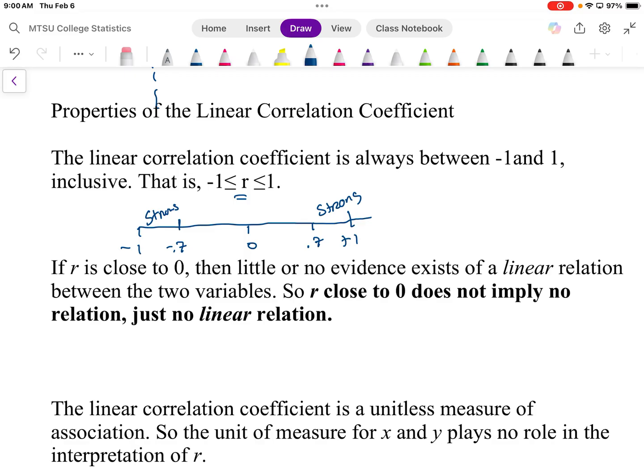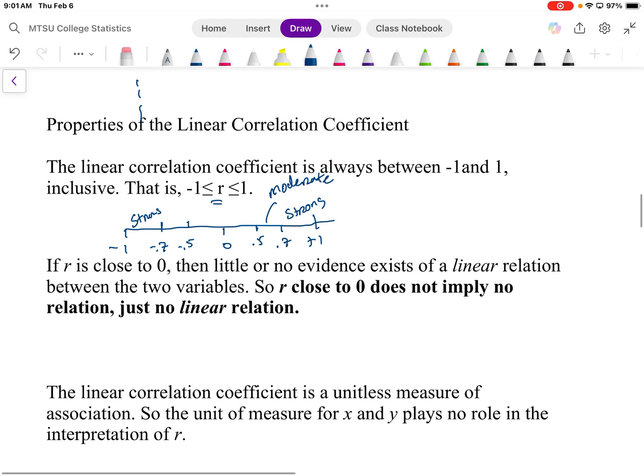And then the next barrier is right around 0.5. It's kind of small, but we can say -0.5 and +0.5. In that range we get to use moderate. There's a moderately positive linear relationship occurring.